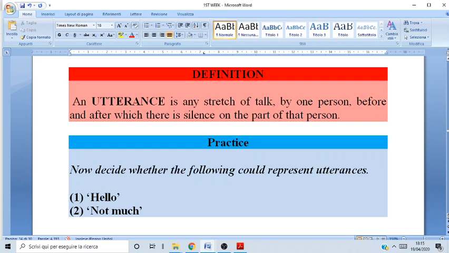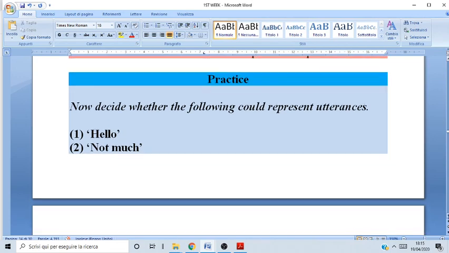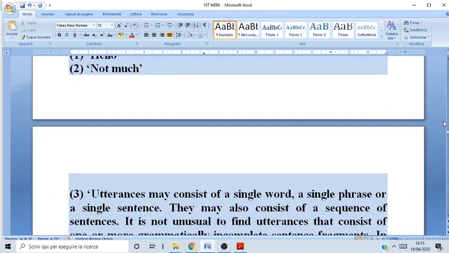In other words, what is an utterance from the point of view of semantics? It is the act of saying something, and before and after saying something, there is a pause, there's a silence. Okay? There is a pause or a silence, period.